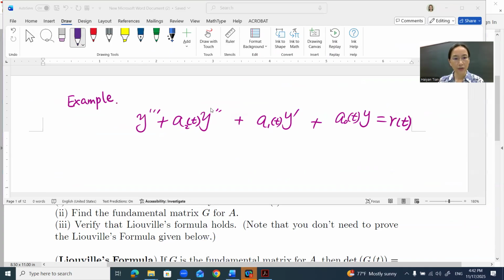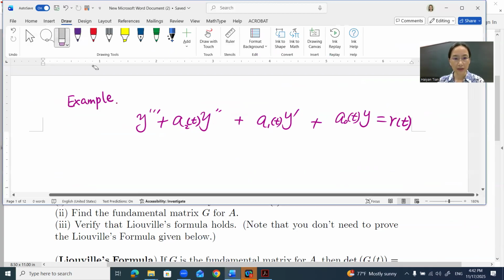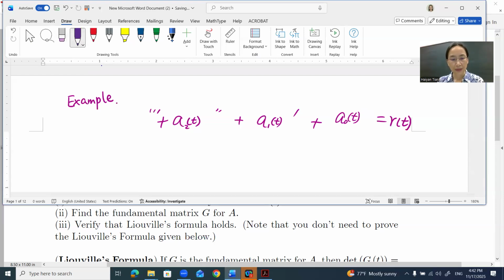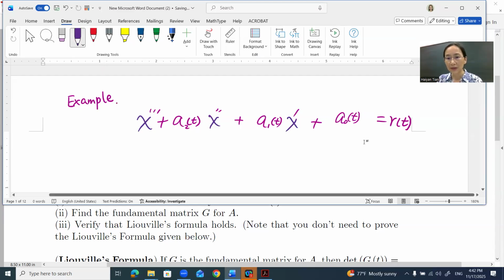In addition to this, I didn't use the y. Instead of y, we are using x, right? So let's do a quick change. It doesn't matter, it's the same problem, except a different name. So we're solving a third order equation for x.